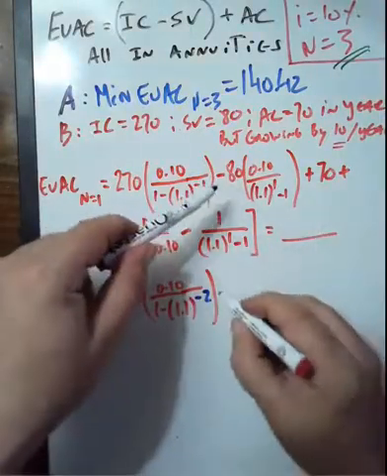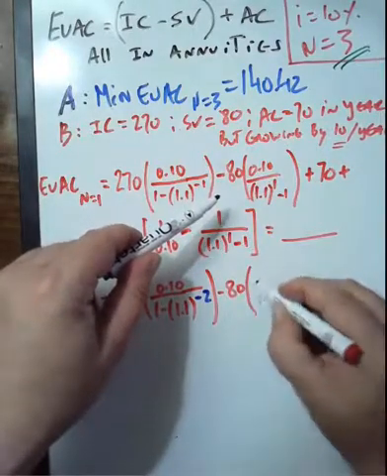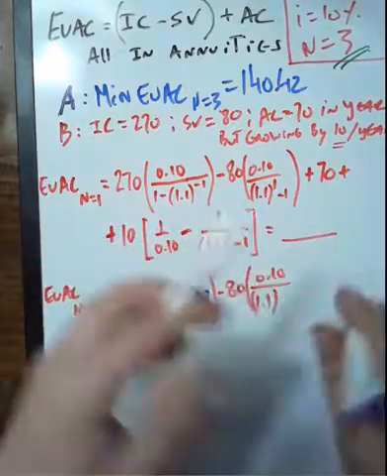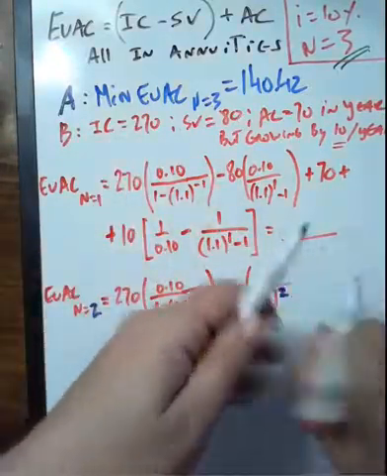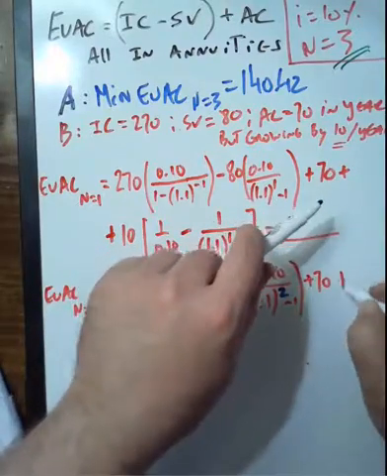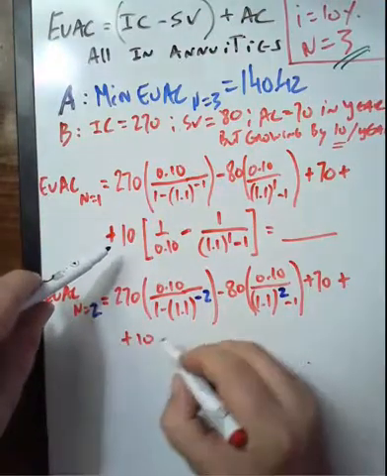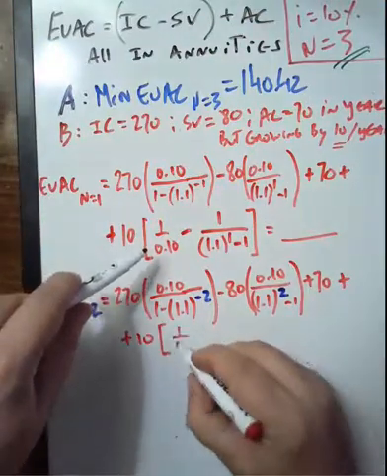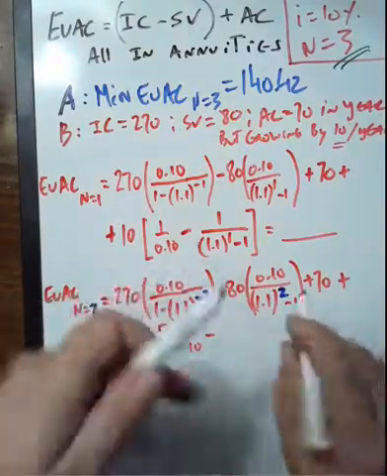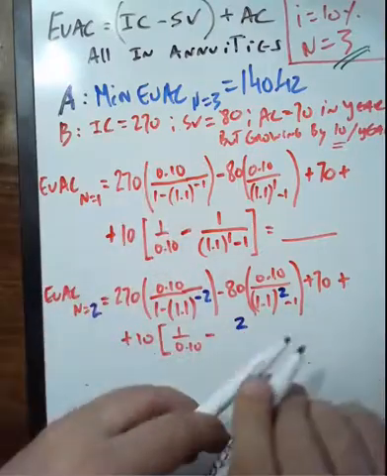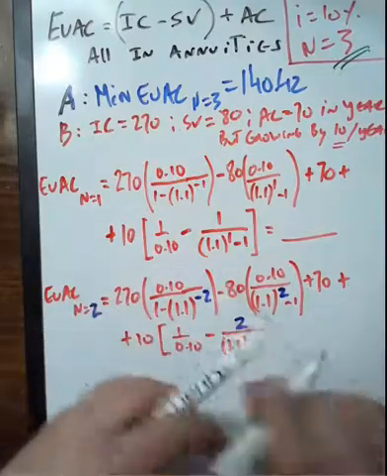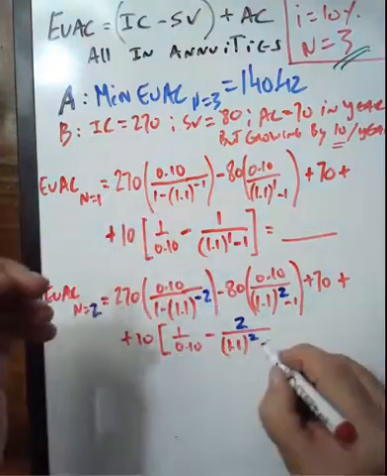Then this component, the salvage value annualized, spread out across 2 years. So the n updated to 2 minus 1, then plus 70, then plus the gradient when these will be allocated across 2 years. So the n here is 2, divided by 1.1 to the power of 2 minus 1.